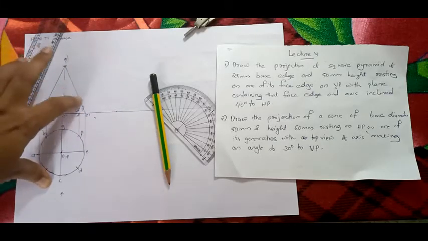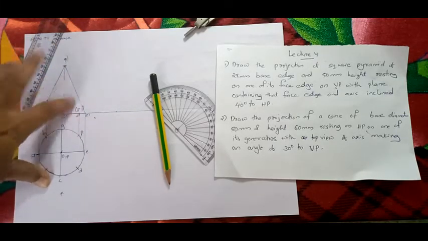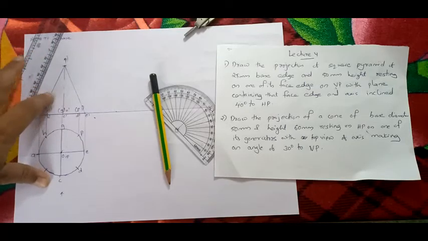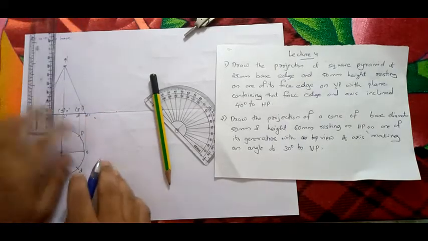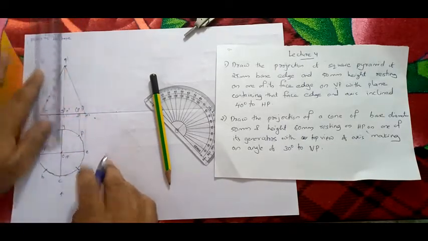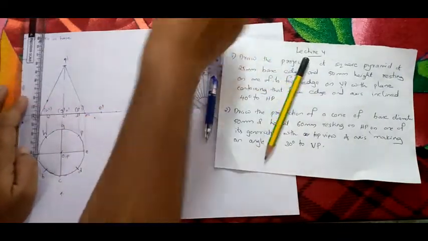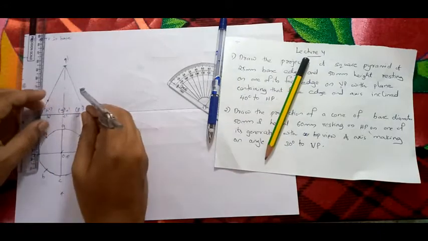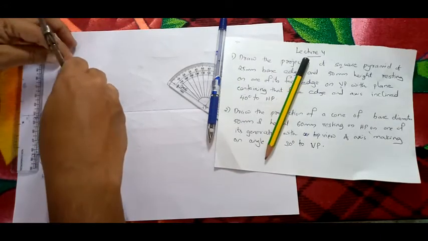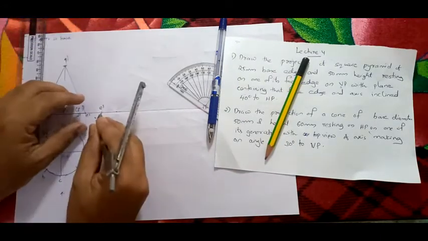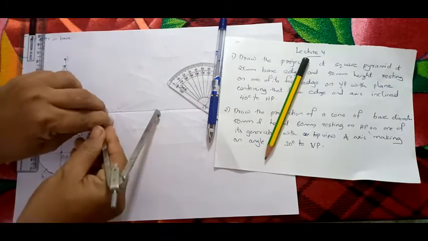So you have to make one of these generators on HP, means on the XY line. So first we are going to rotate E dash P dash on the XY line. So first I will mark E dash here. Cut it here.